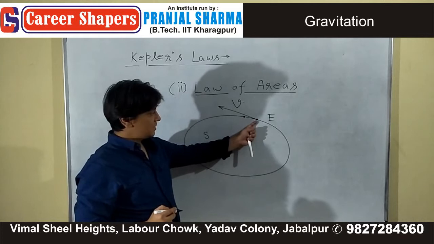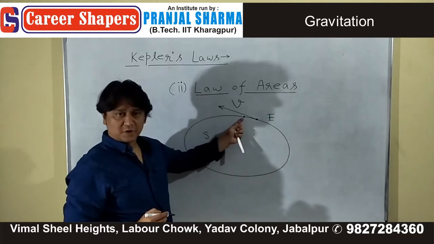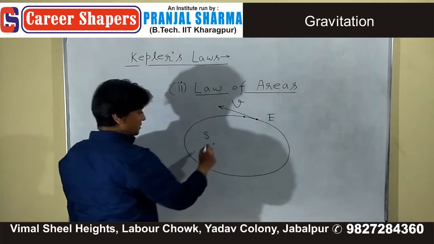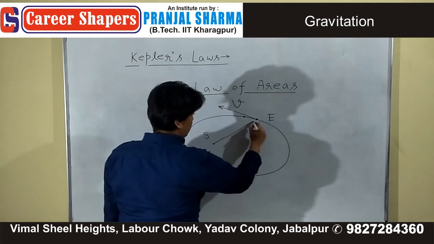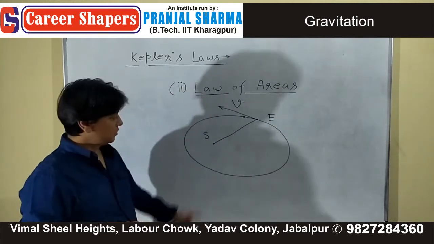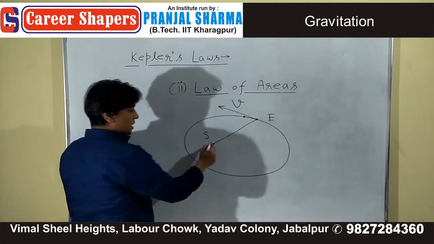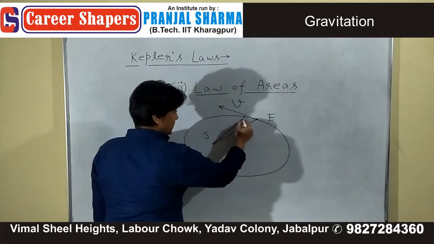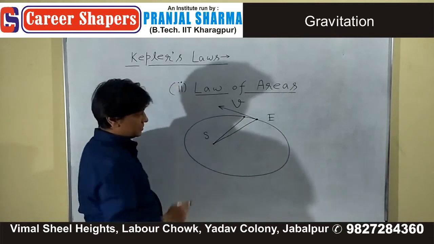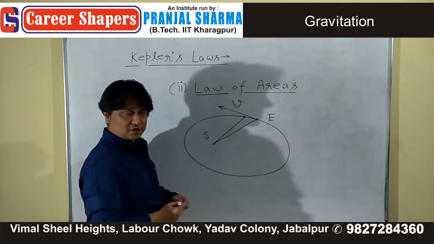Started from this point, after some time you found that Earth is present at this point, then this is the radial vector from Sun to Earth. It sweeps this much area.